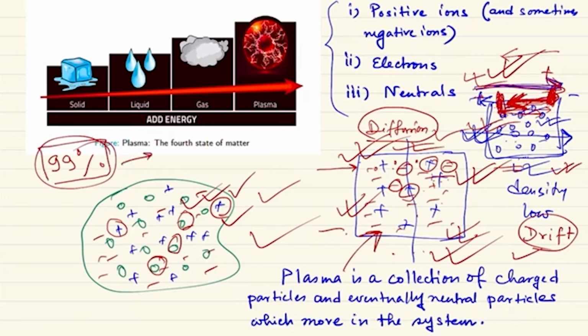Now, the word plasma was introduced for the first time in the year 1929 by Tonks and Langmuir. These two persons, for the first time, used the word plasma.